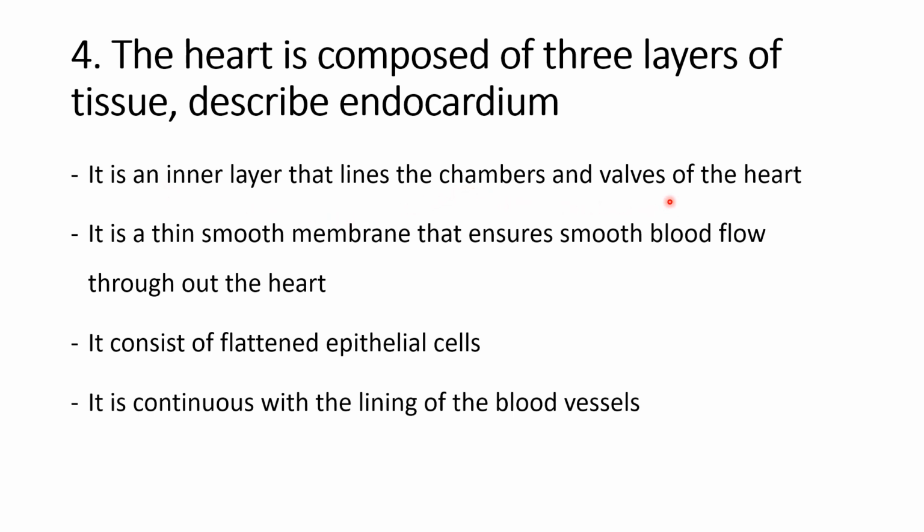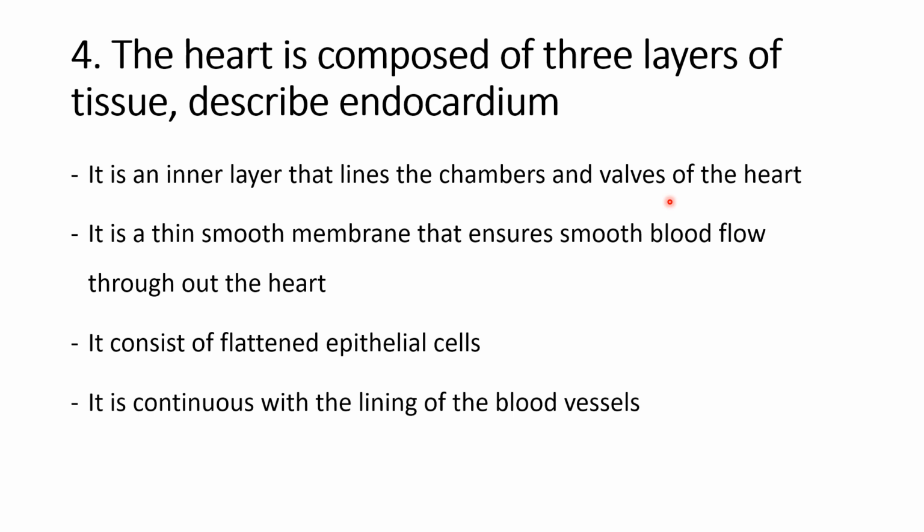So that's self-explanatory. It's the endo. Anything with endo, you must know that it talks of the inner part of the anatomical structure. Endo, endothelium, endocardium, endometrium, everything that has to do with the inner part of an anatomical structure that has a lumen, or a space in it.